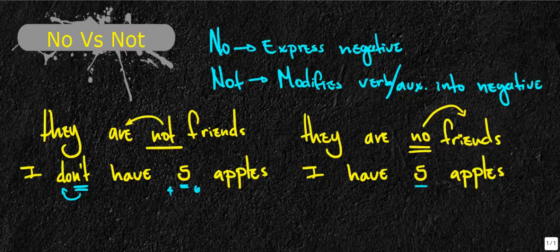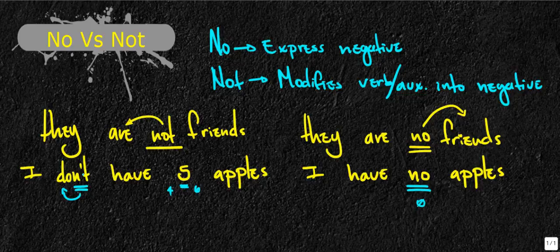But I have the number 5 here. The number 5 is expressing the quantity of apples that I have. So if I want to change it into the negative using no, I'm going to substitute 5 with no. All right? Now here, I'm not saying that I have 4 apples or 6 apples. I am saying that I have 0 apples.